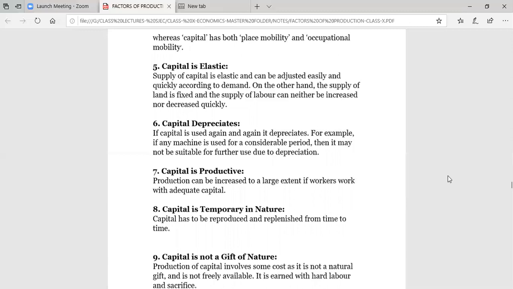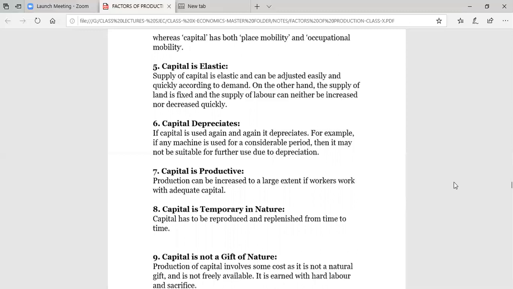If you buy a car, after 1 year or 2 years down the line, the value of that car will get reduced and the life of the car also decreases. The same thing happens in capital, because now we have understood in economics that capital includes machinery, equipment, tools, everything. So whenever you deploy a machine, by the use of that machine, the life and the value of that machine get reduced. That is why it is said that capital always depreciates.